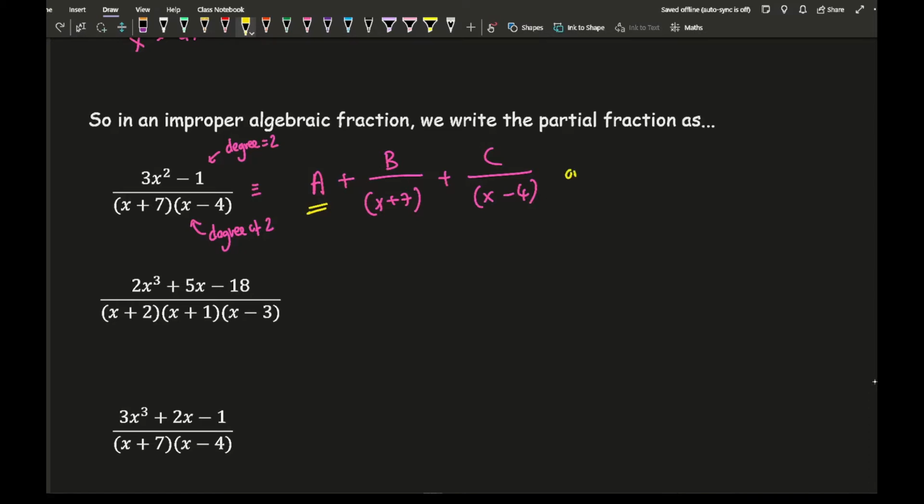Now in some books or websites and other videos, you may see them going for the layout of a over x plus 7 plus b over x minus 4 plus c. Now there's nothing wrong with that. I'm not going to say my way is better than their way, but one thing to bear in mind is that the a, b, c's in this particular layout are going to be different to the ones that are set out here.